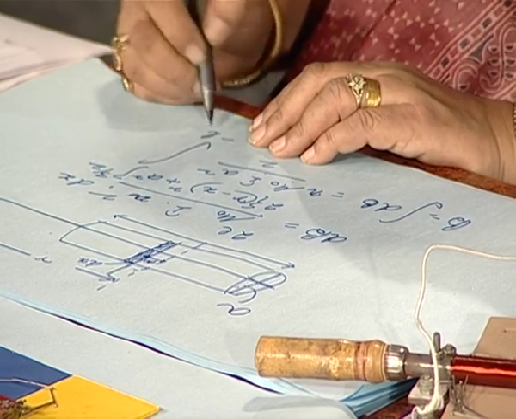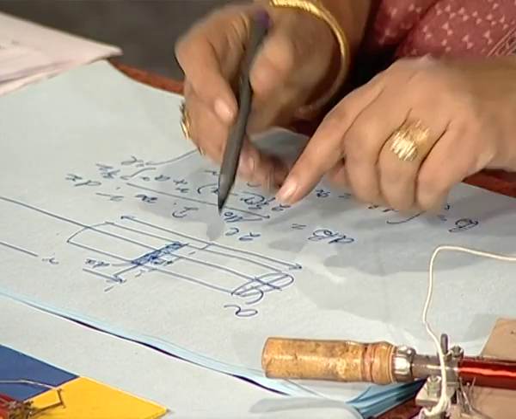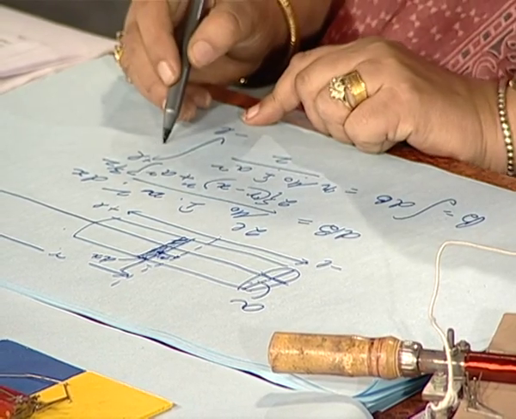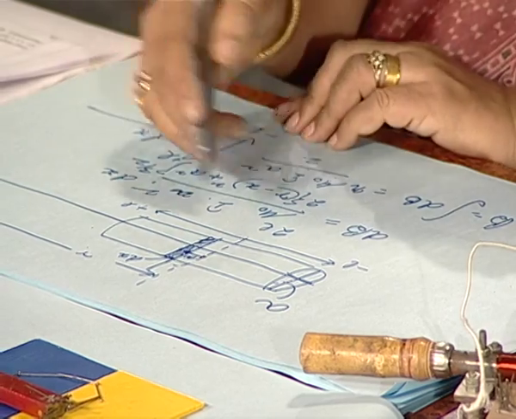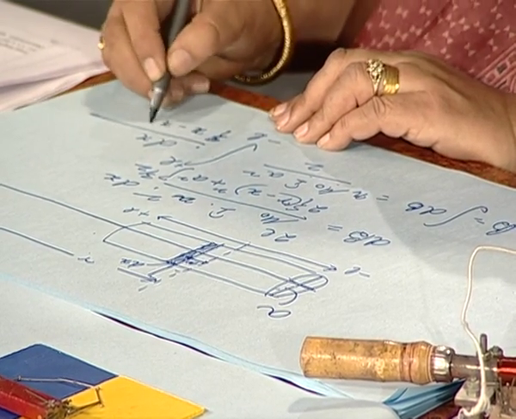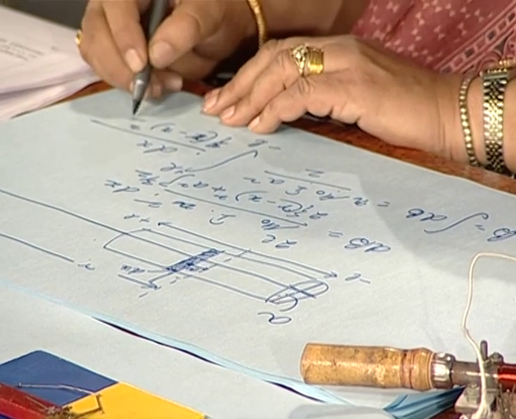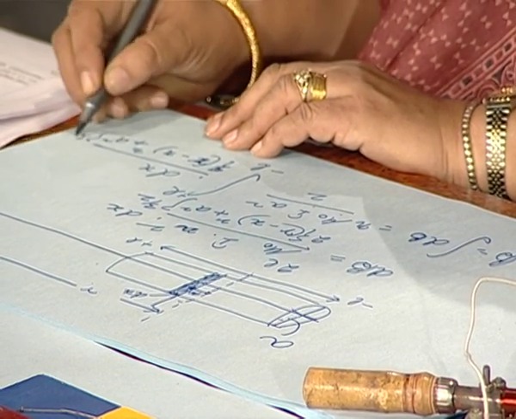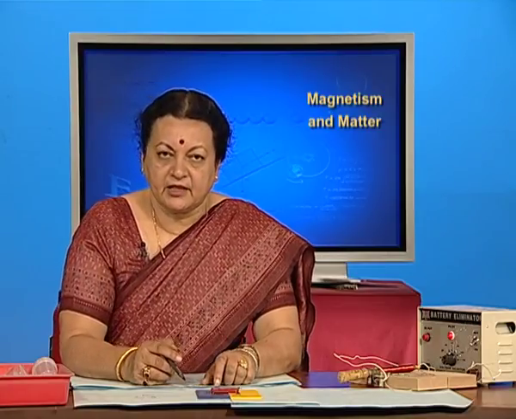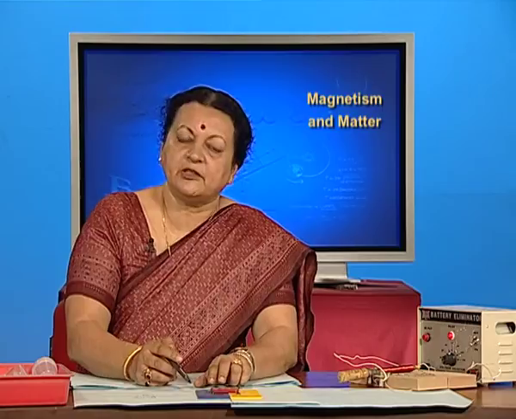And from minus L to plus L, from the center minus L would be this and this would be plus L, and all the way the denominator remains the same, r minus x the whole square plus a square raised to 3 by 2. This expression can be made as an approximation, and what is the approximation?